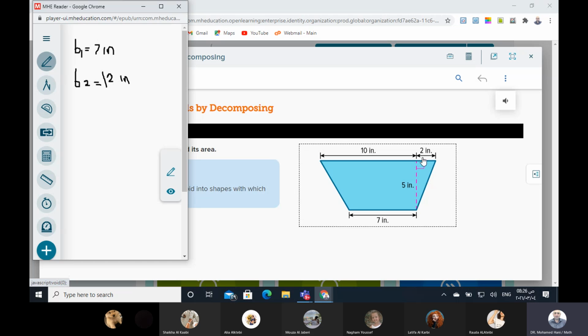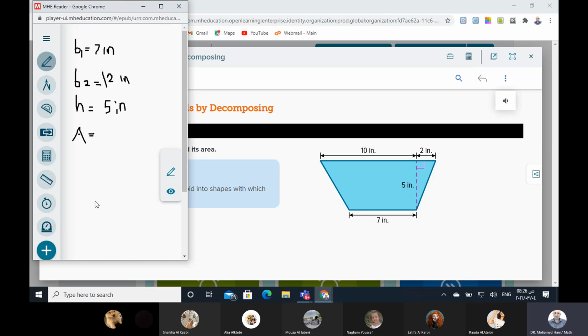And I have the height, h equals 5 inches. And I want to find the area of the trapezoid.